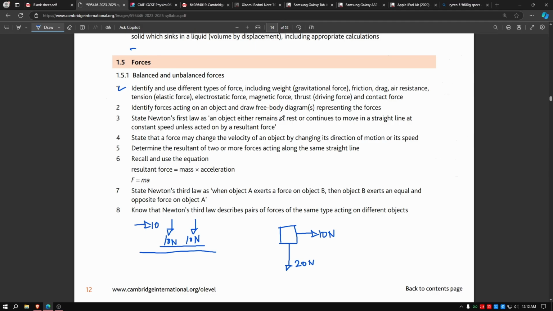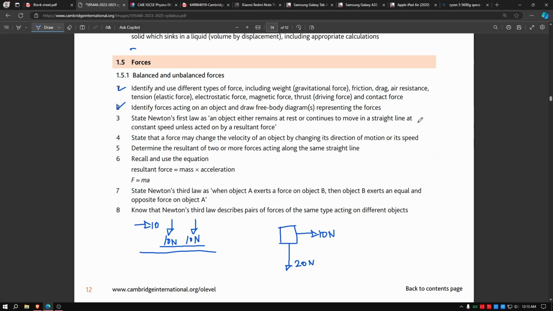And let's move on to point three. Newton's first law: an object either remains at rest or continues to move in a straight line at constant speed unless acted on by a resultant force.